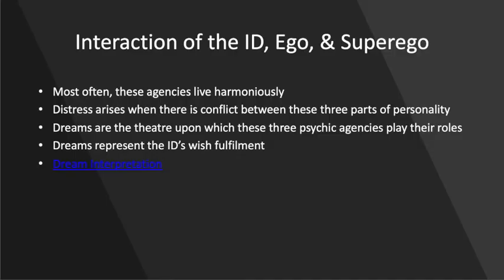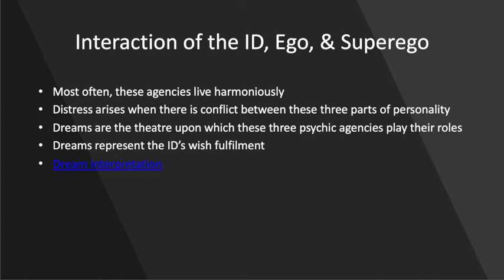So for the most part, the three parts work together very well. The ego, id, and the superego all work together fairly harmoniously. But according to Freud and other psychoanalysts, sometimes the three parts are in conflict.